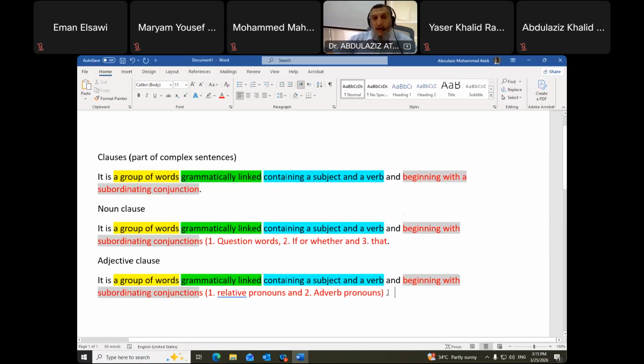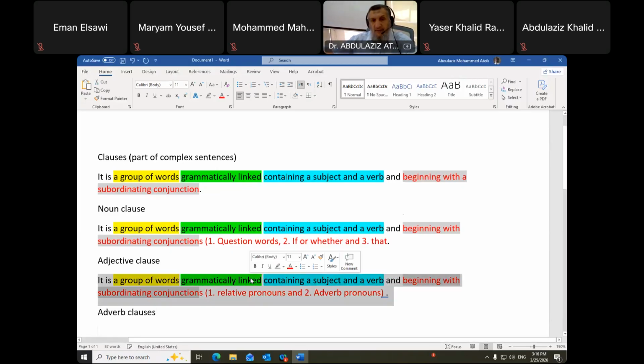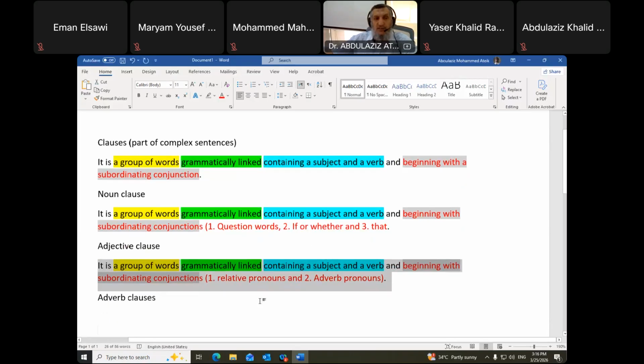Okay, then we come to adverb clauses. This is a very big one. Adverb clauses. Look, same definition. I'll take the same definition. I'll put it here.